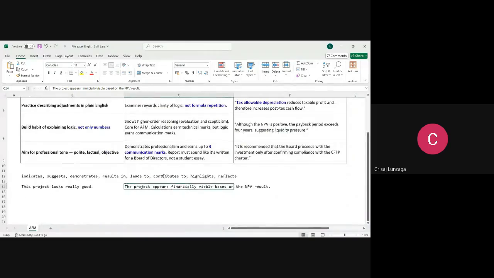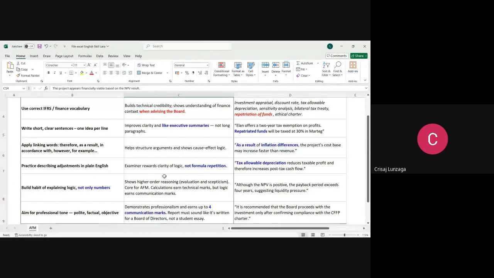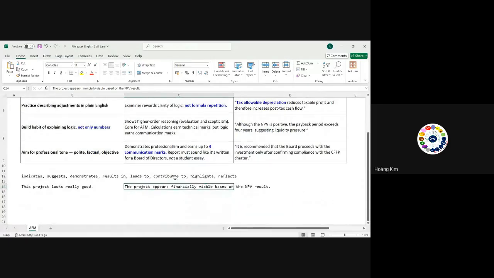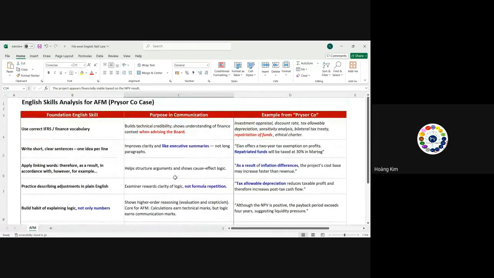So maybe you can add more, Kim. Okay, done. So do you know the finance vocabulary, repatriation of funds? Who knows about this? Do you have the idea for your country? Pardon? Yes, repatriation of funds.